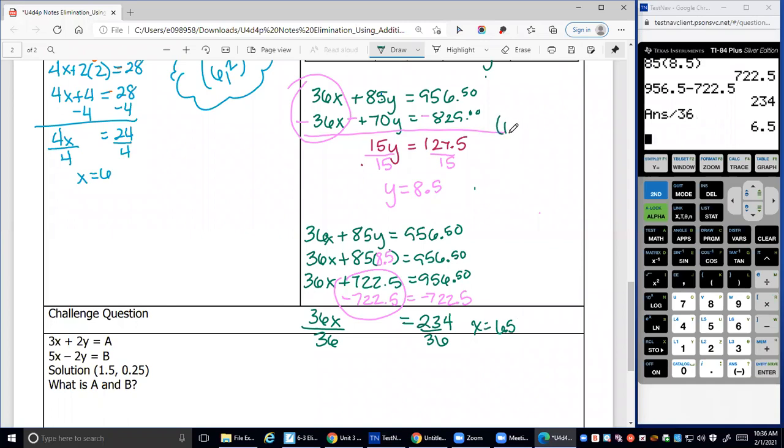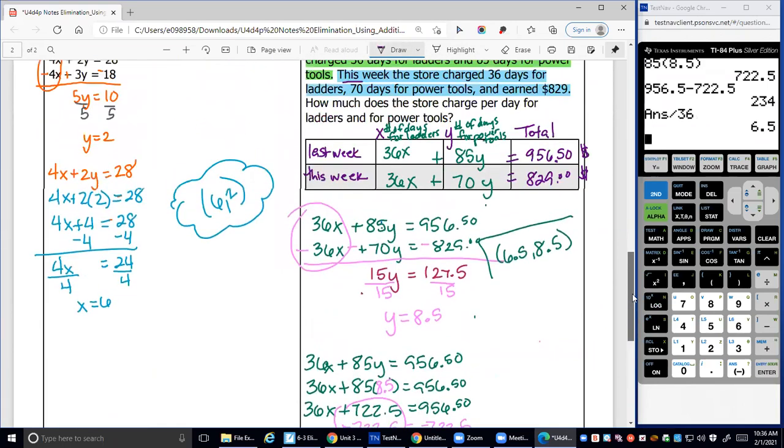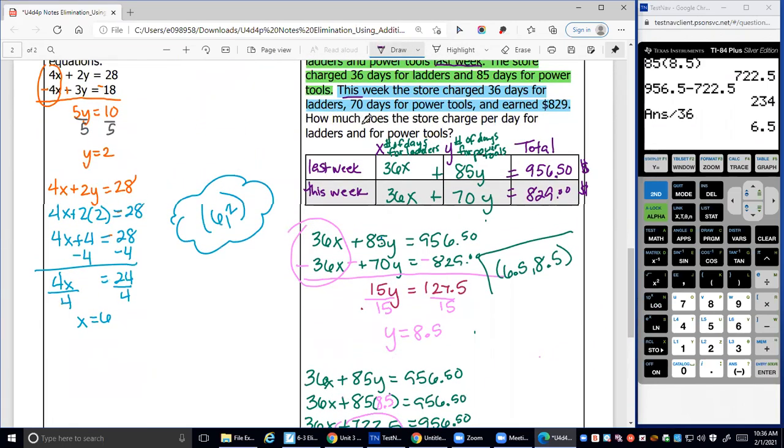So although technically my answer is like this, this is a word problem, so we probably want to say a little something. I always like to go back. What are they asking for? How much does the store charge per day for ladders and for power tools? Oh, you know what?